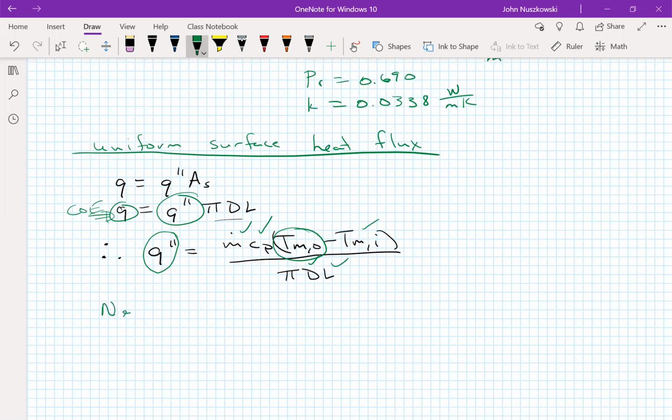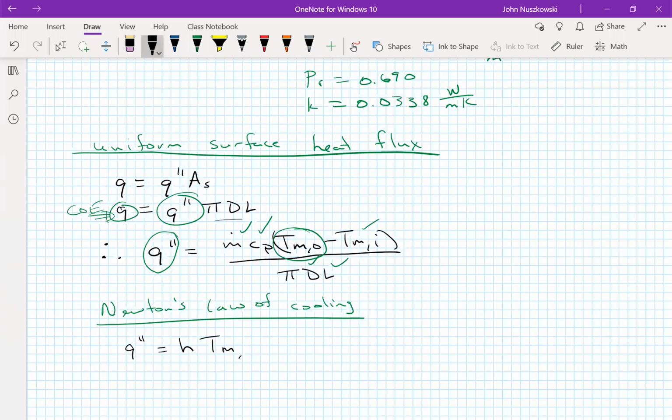So if we do Newton's law of cooling, yeah, we can do it with the surface, it's fine.